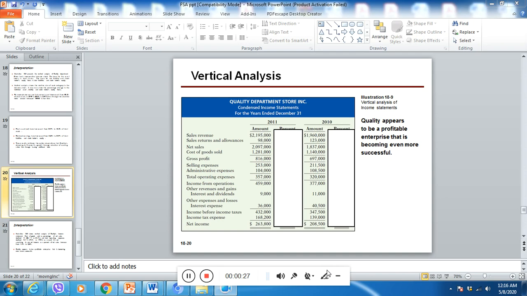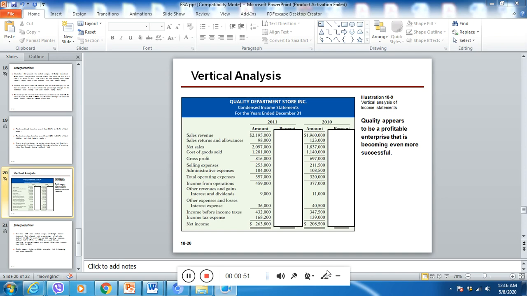In the previous lecture, we solved numerical problems under vertical analysis. I again repeat the definition of vertical analysis. Vertical analysis is a method of financial statement analysis in which each line item is listed as a percentage of a base figure within the statement.